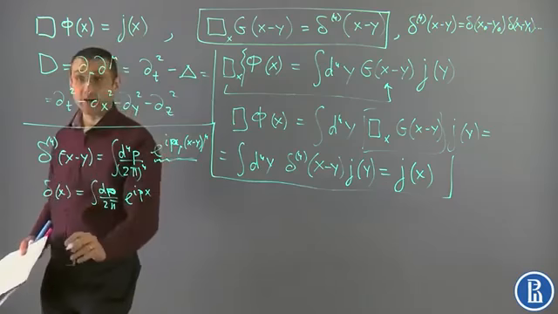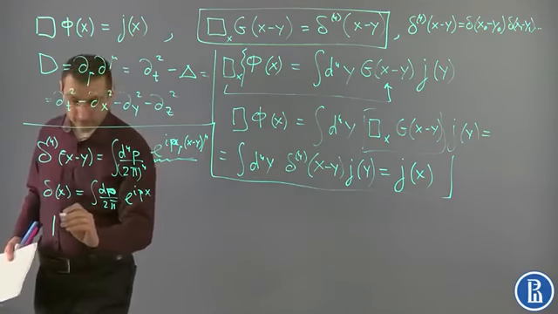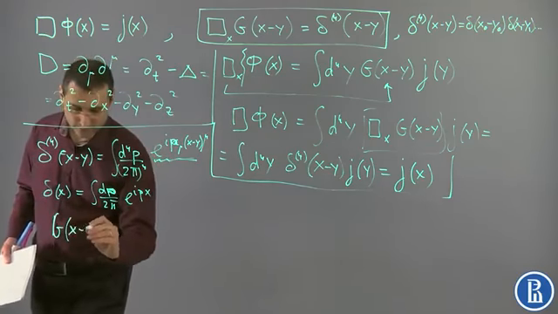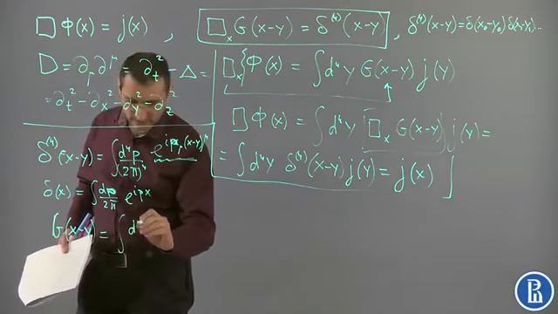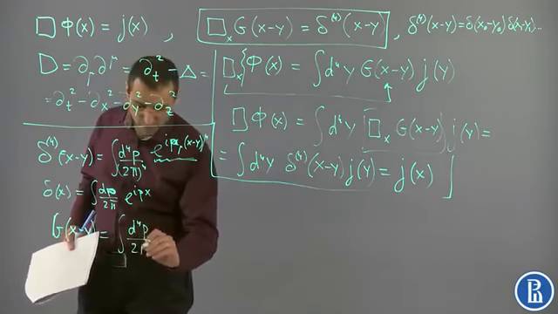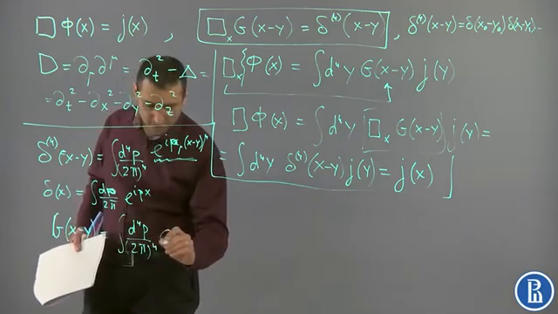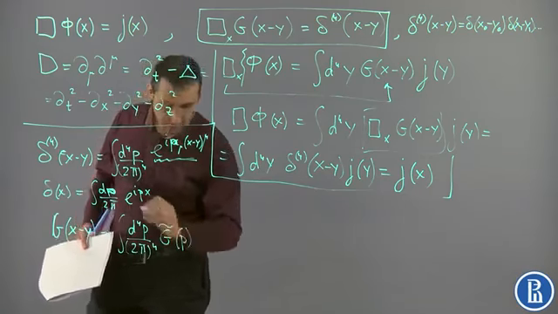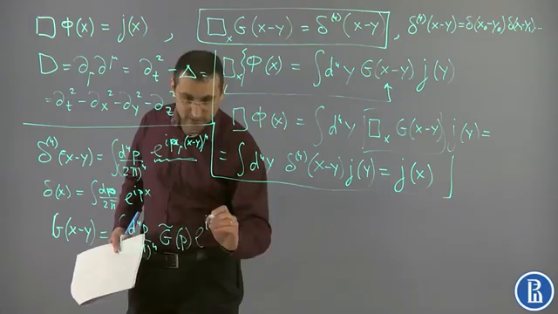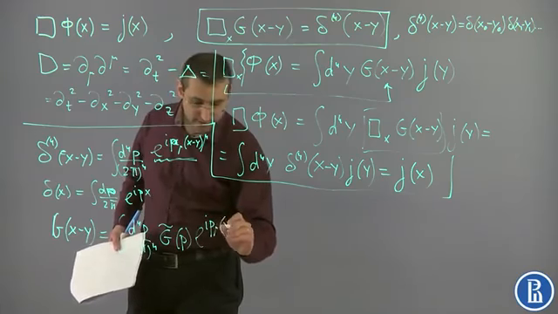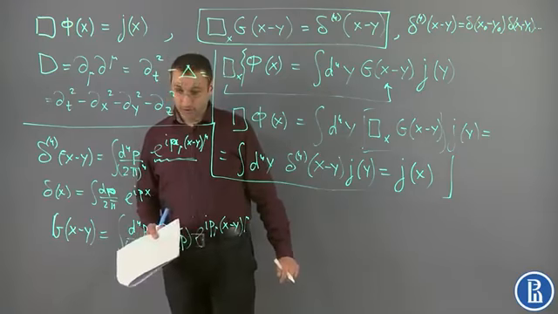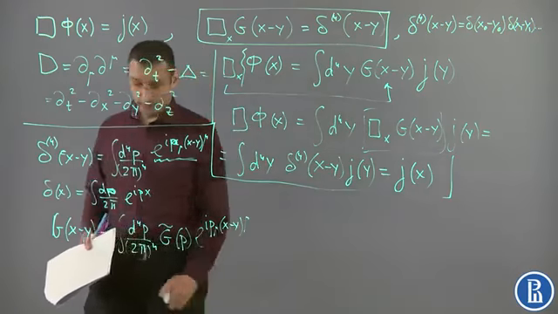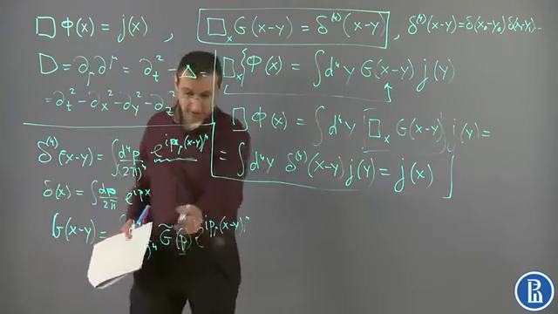This is a Fourier transform. Now we want to consider the Fourier transform of g of x minus y. We define it as the integral d4p over 2 pi to the 4th, some g twiddle of p, exponent of i p mu, x minus y mu. This is just by definition, so we take the Fourier transform.